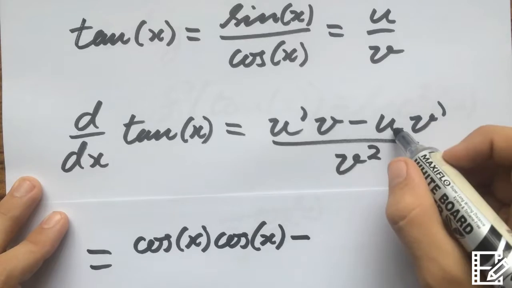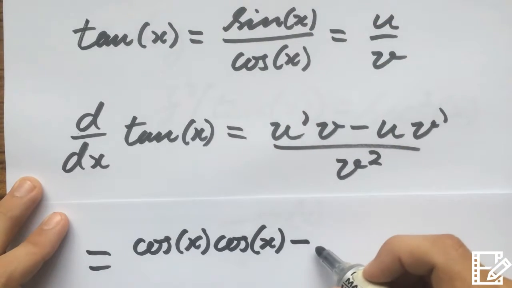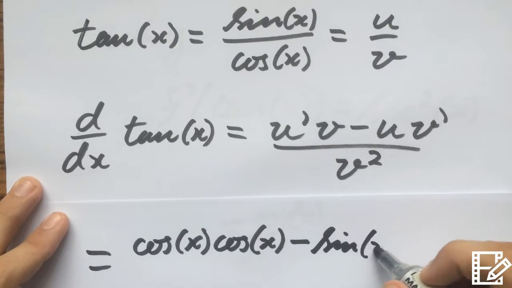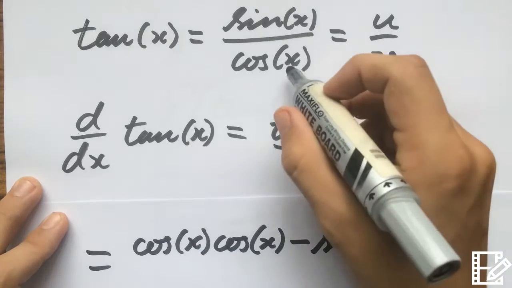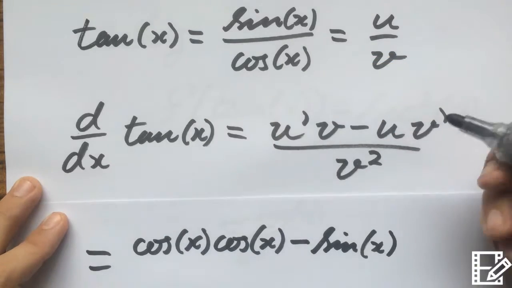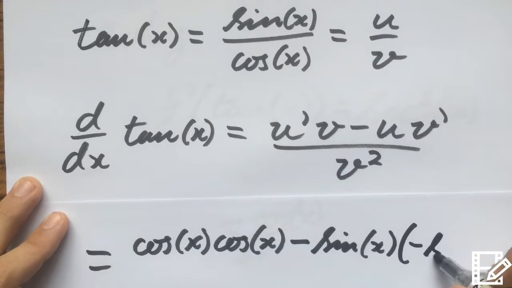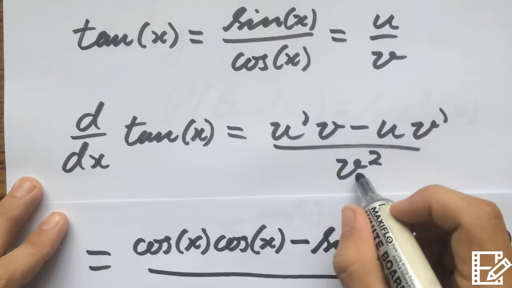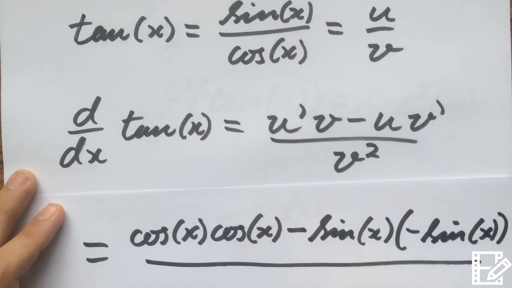Minus u, which is sine x, times the derivative of v. The derivative of cos x is negative sine x. And it's all over v squared. If v is cos x, then v squared is cos squared x.